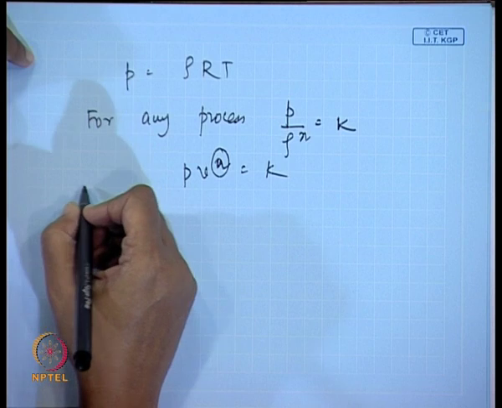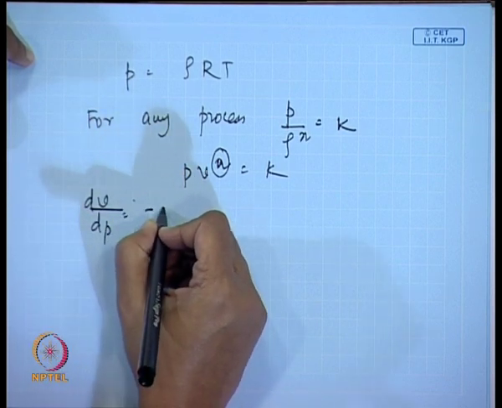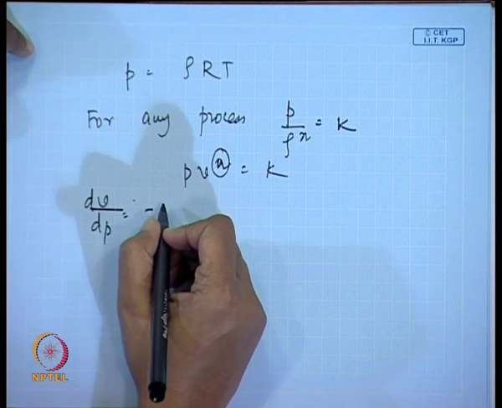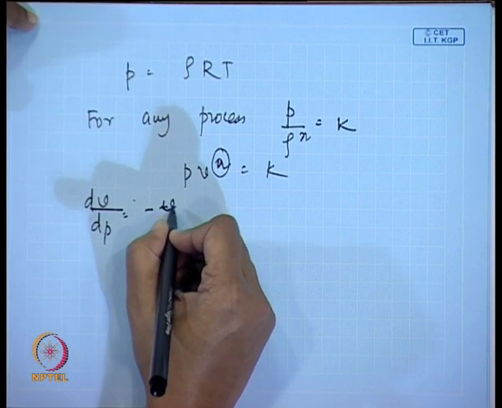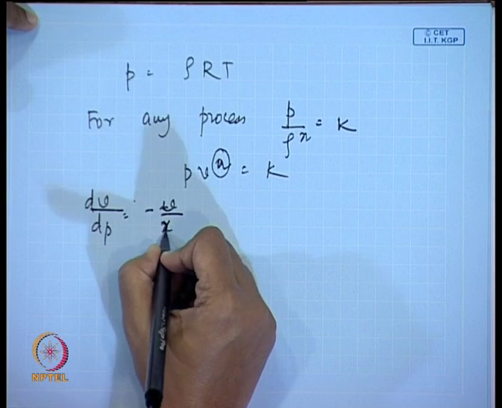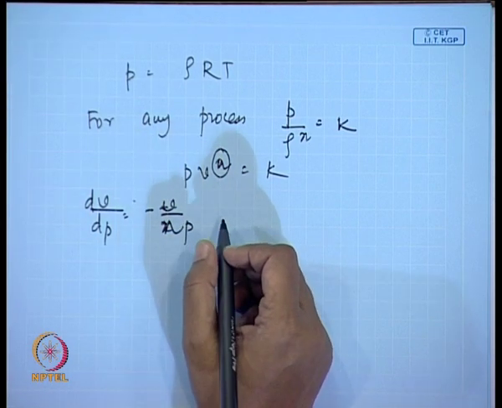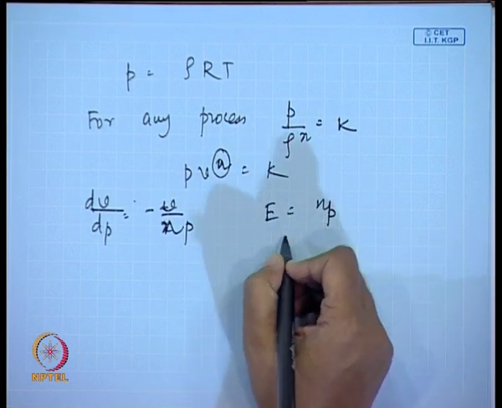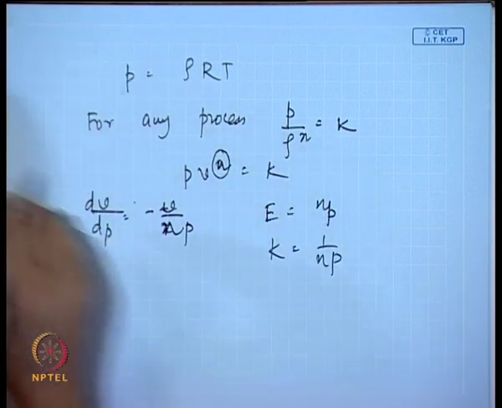So, for adiabatic processes, more or less we know that dV dP equals minus V by nP. From there we can very well define that E, the bulk modulus of elasticity, is nothing but nP, and kappa equals 1 by nP. This we know very well.